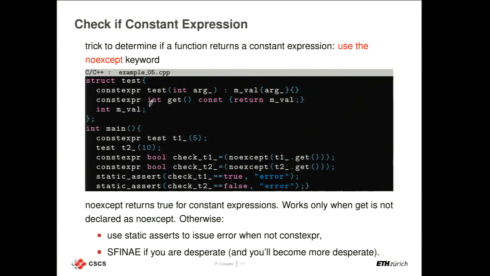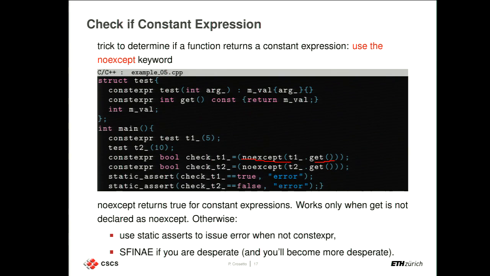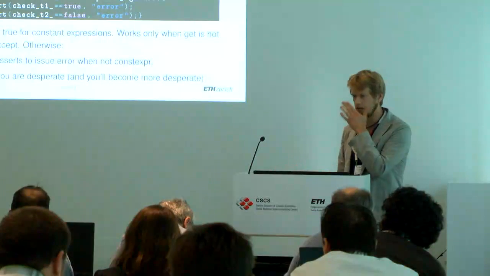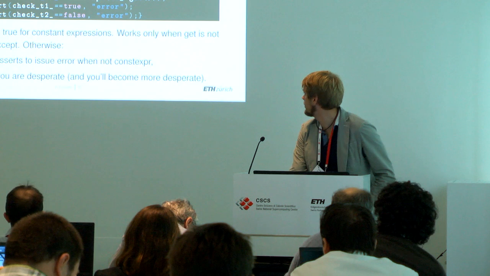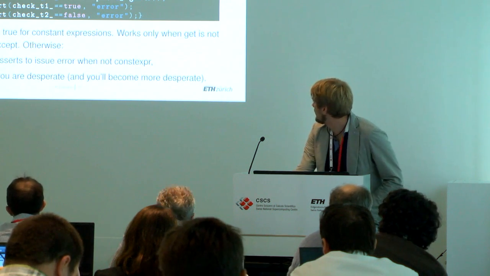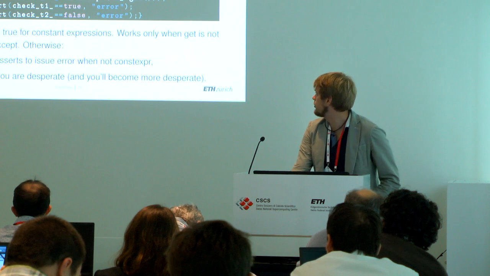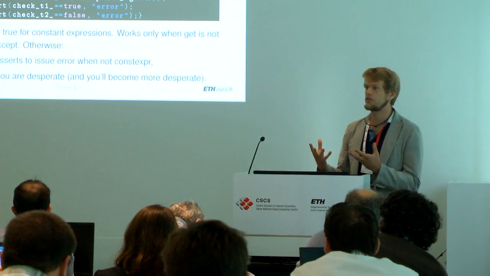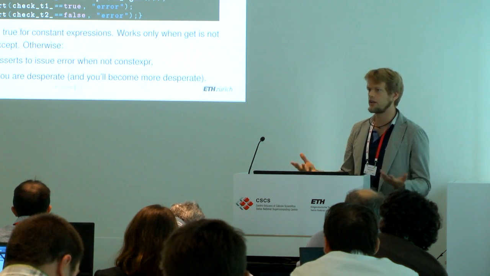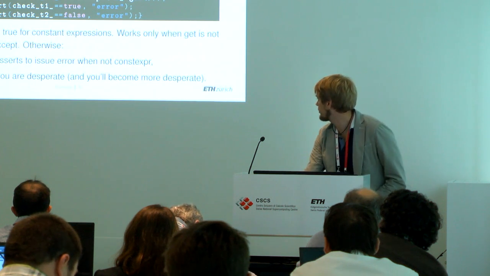If you call noexcept of a function get, which you didn't declare as noexcept, you can also declare a function as noexcept if it's not throwing exceptions. And if it's not declared noexcept, then you can distinguish these two cases, because a constant expression is noexcept. So it cannot throw exceptions if it's a constant expression.